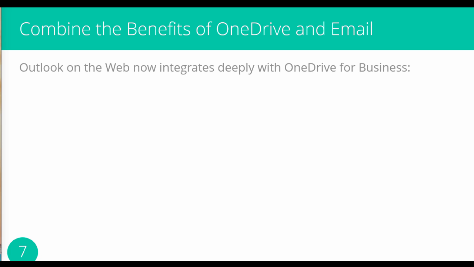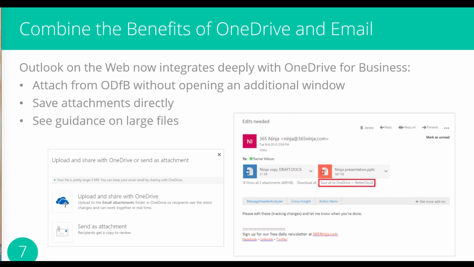All right, now let's talk about combining the benefits of OneDrive and email. This is something super exciting for those of us who use the Outlook web app for Office 365. This spring, some long-awaited features were added where you can attach files from OneDrive for Business without opening an additional window, or you don't have to drag and drop, and the attachment menu connects right up with OneDrive.